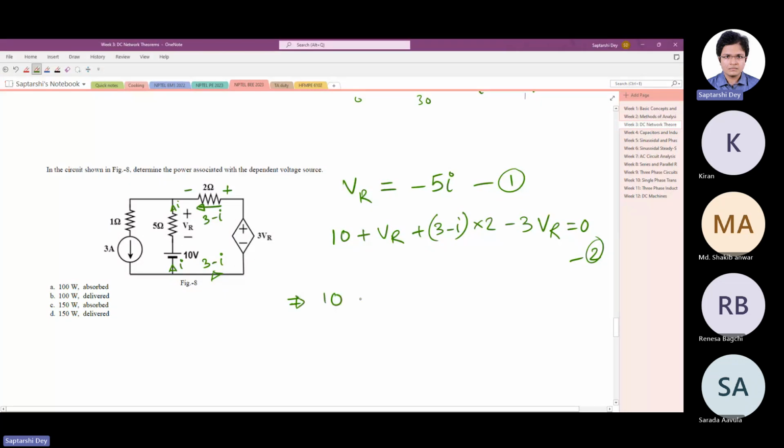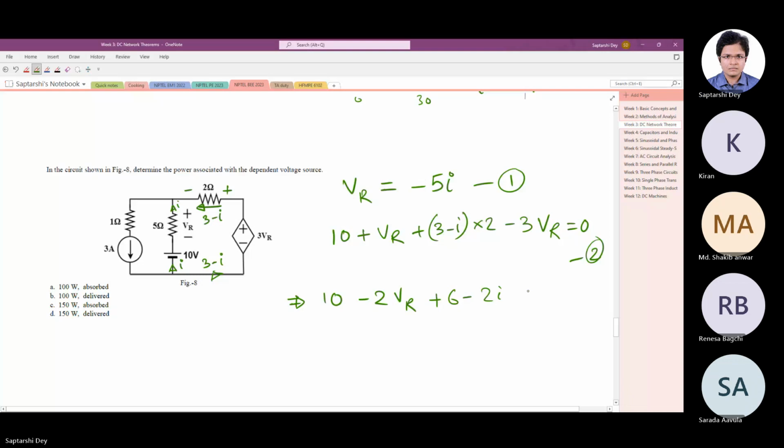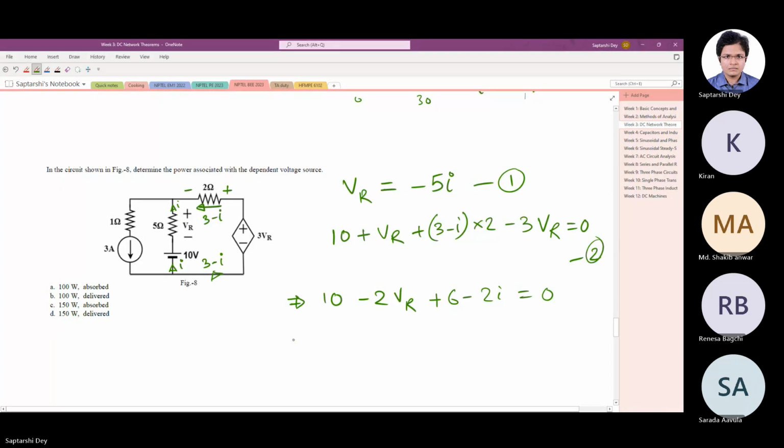So we have 10 minus 2 VR plus 6 minus 2I equals 0. What do you have to find out? Do you have to find out power associated? So basically you have to find out I. We will replace VR with minus 5I.